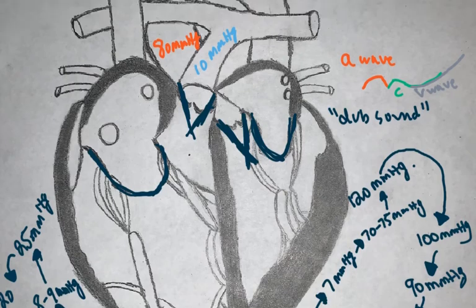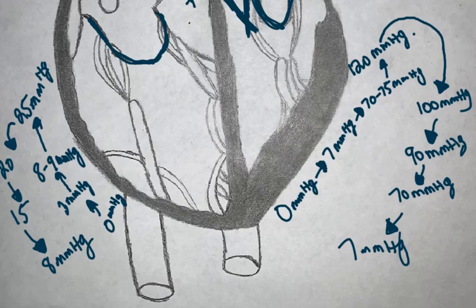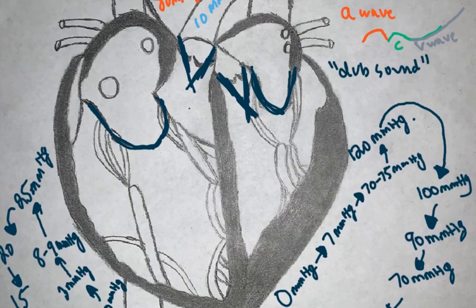And another thing to mention is that once our ventricular diastole and atrial systole phase starts, phase 1 of the cardiac cycle, the pressures drop to 0 again, and the atrioventricular valve is open.